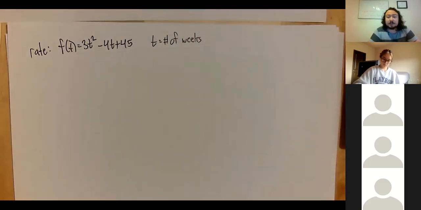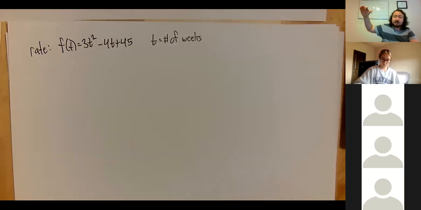So the question asks, how many unicycles did the company make during the second week of operation? And one thing to note is that it doesn't say during the first 2 weeks, it says during the second week specifically. So we're going to go from the end of week 1 to the end of week 2 here.